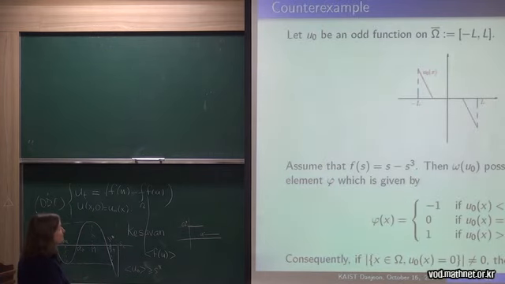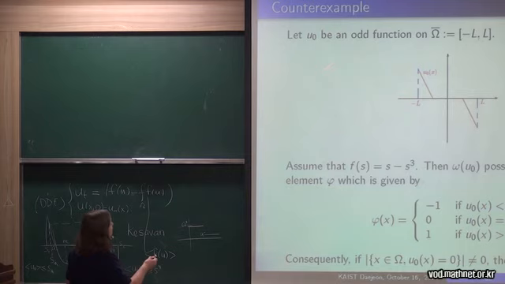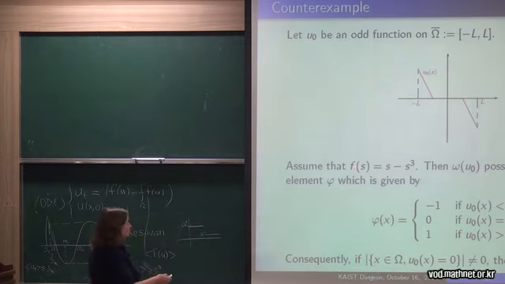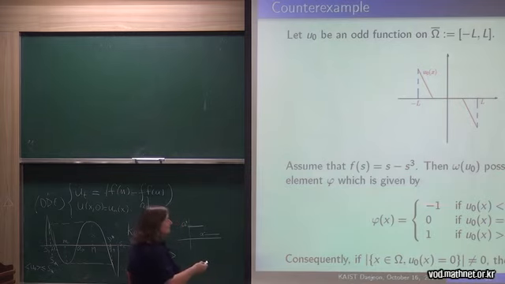And here you have a counterexample where things don't work as fine. Take U naught like this: non-zero here, but 0 on a whole segment here, and again non-zero. Assume f of s equals s minus s cubed. Then one can show that omega of U naught possesses a unique element phi, which has this form: it is -1 in the set where U naught is negative, 0 on this whole segment where U naught equals 0, and 1 in the set where U naught is positive.